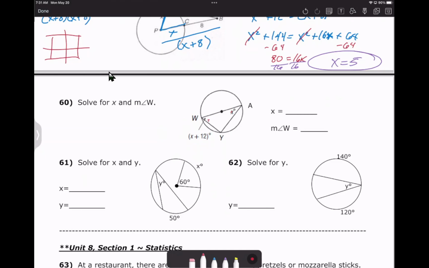Come on, I'll wait for you. We have all the time in the world. We have a whole other day tomorrow if we need to. But I will expect you to actually try. You add these together, set it equal to 90. That's it. Yeah, you should do that. 2x plus 12.